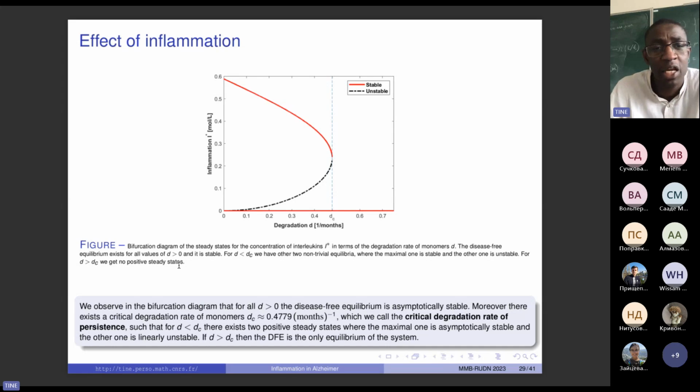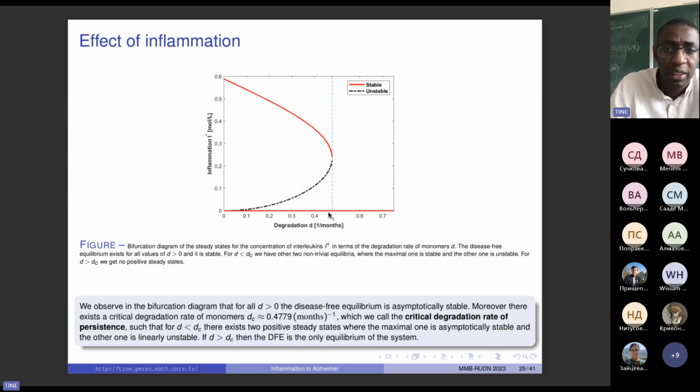The disease-free equilibrium exists for all D positive.